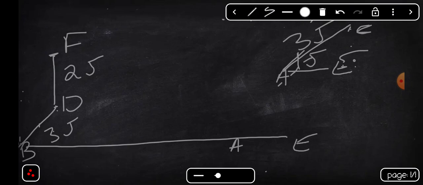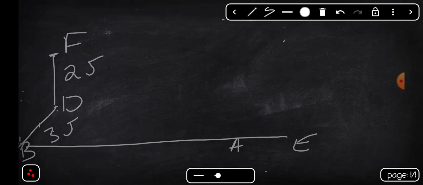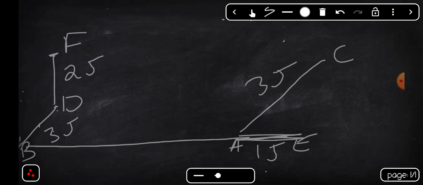This is E, and E to A is 15 kilometers towards the west, and here will be C, 35 kilometers northeast of A, or we can say A is southwest of C. That means A is 35 kilometers away towards the southwest, and C is the northeast of A.